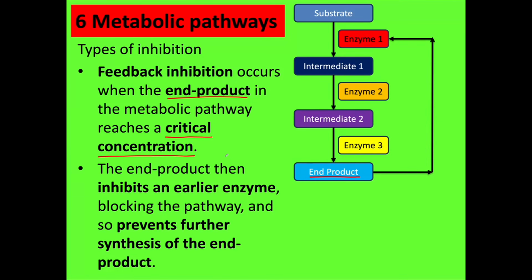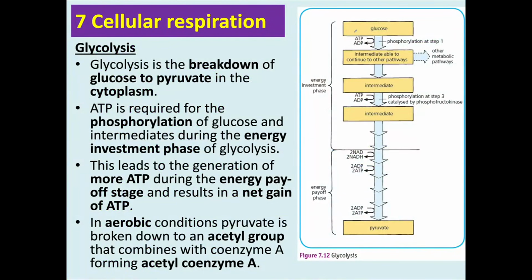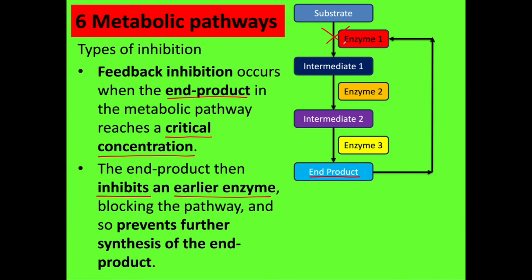So when it reaches that critical concentration, the end product itself will then move back and it will find an earlier enzyme, okay, in this case, enzyme 1, and it will inhibit that enzyme. And what that means is that it will block that pathway, so that the substrate can no longer be broken down, and therefore the reaction and the metabolic pathway will not continue, okay.